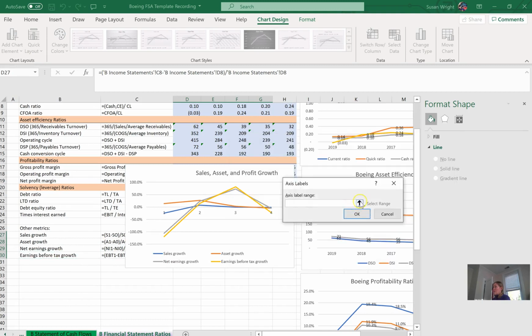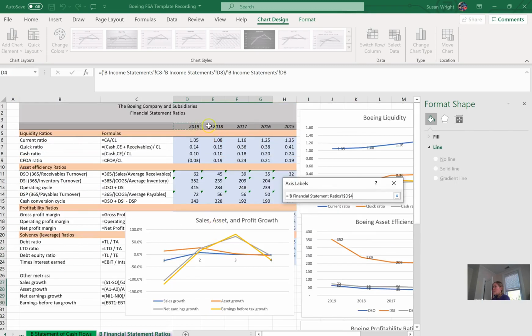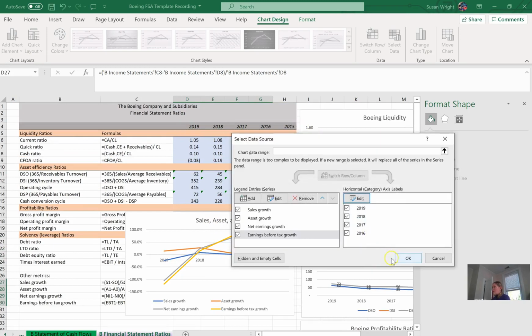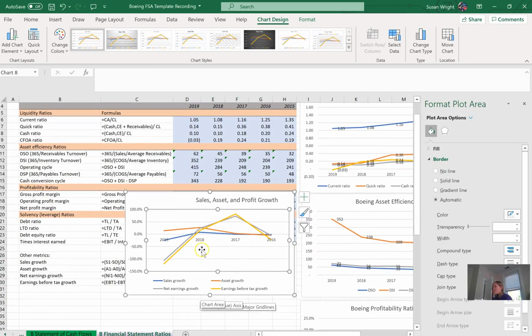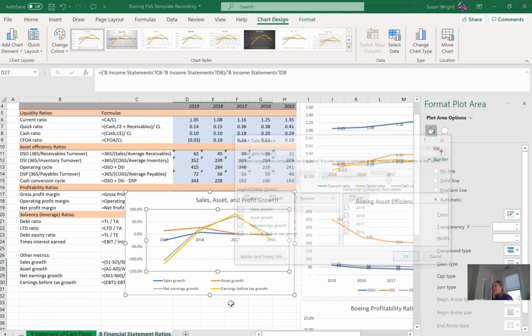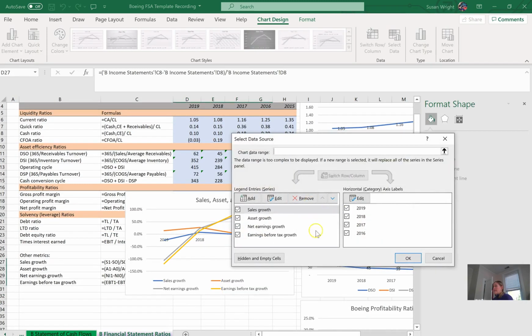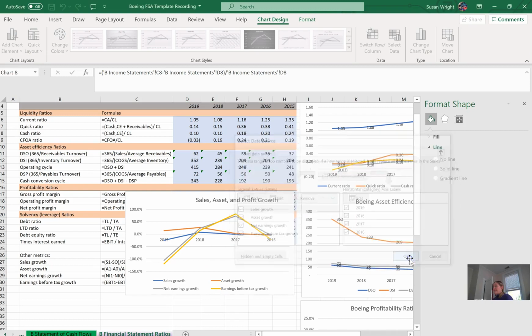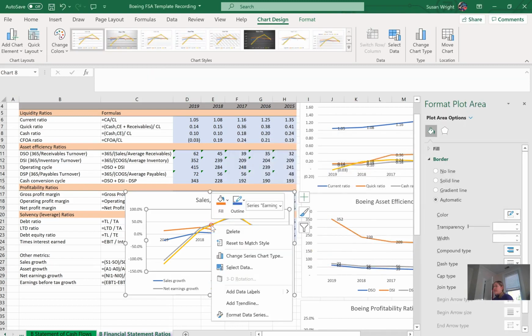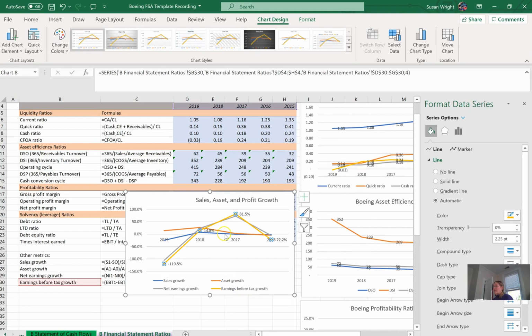Let's edit these. Okay, let's select the data, and I just want to add data labels.